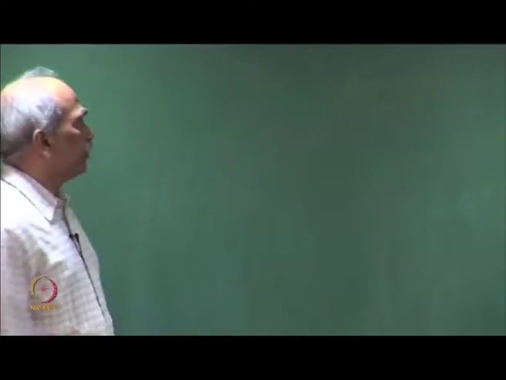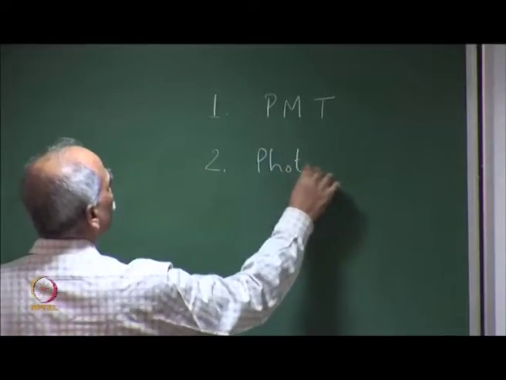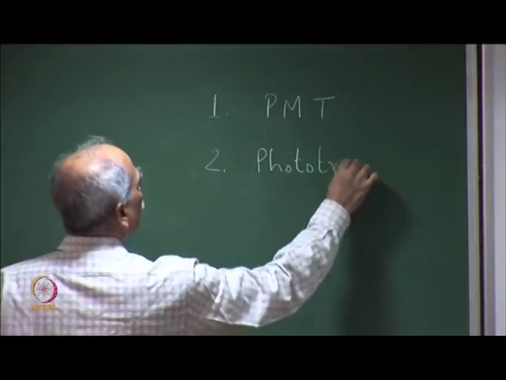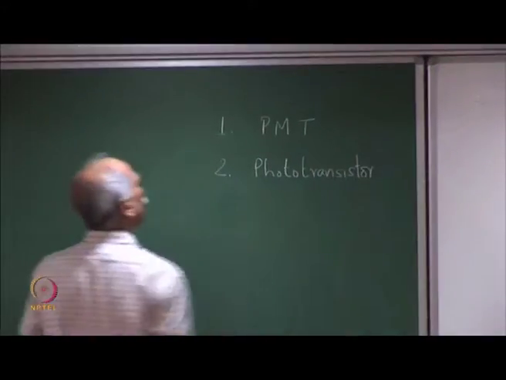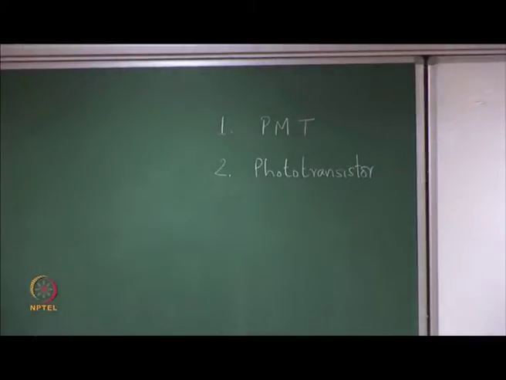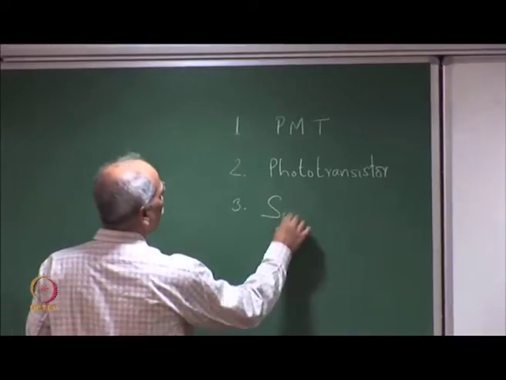Let me list some of the important photodetectors here. The photomultiplier tube, PMT. We also have phototransistors. Then we will briefly discuss solar cells.